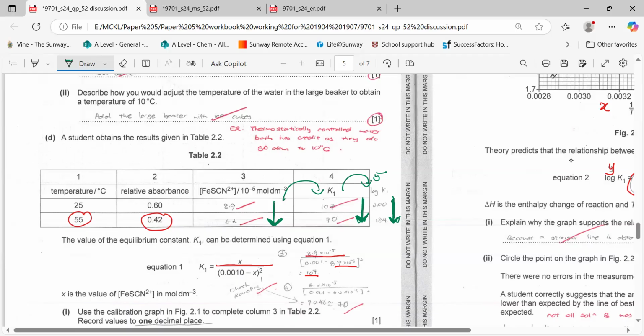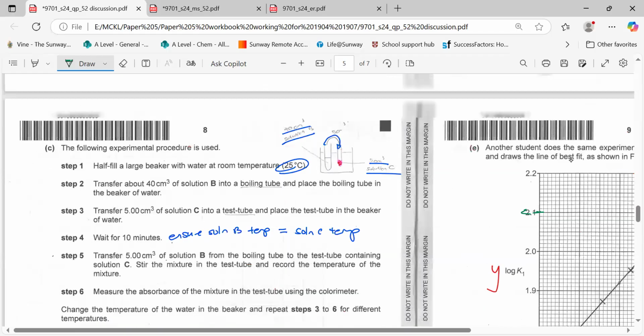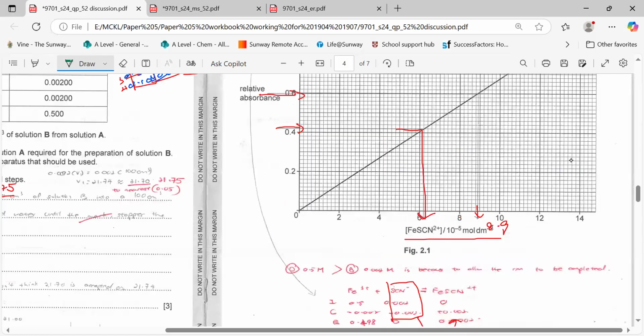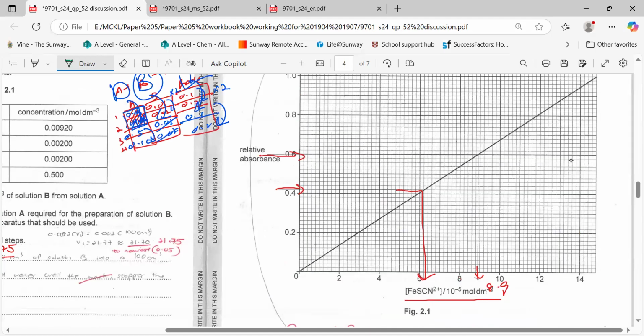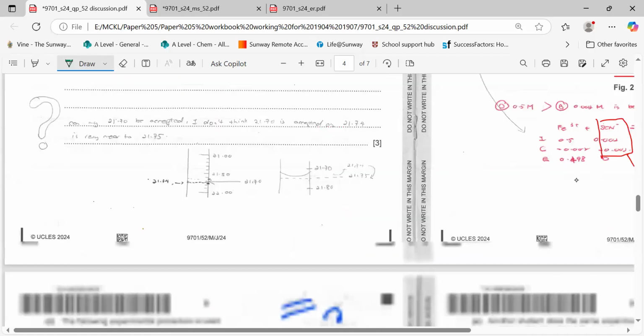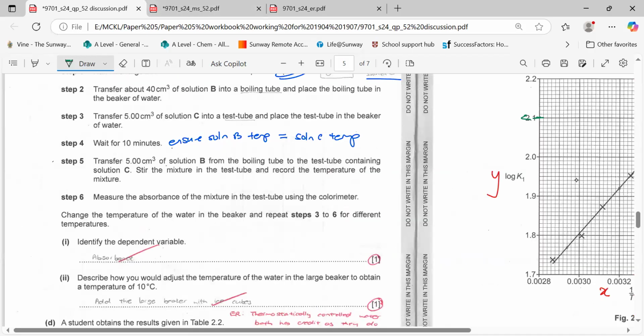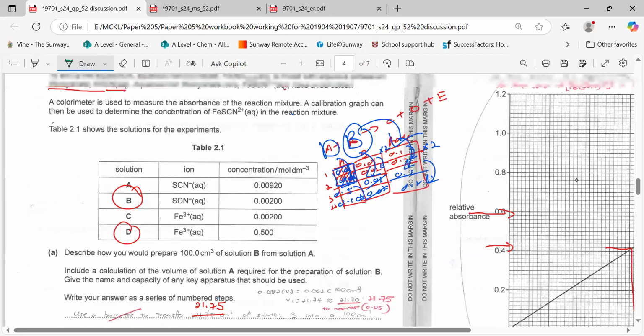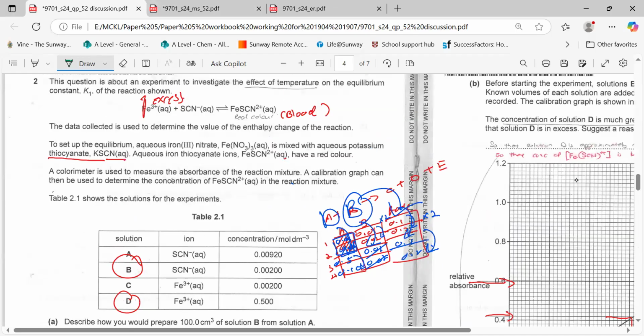Maybe you want to pause and think about it. Let me have a look now. Based on the above, the higher the concentration, the higher the relative absorbance, correct? Okay. Now, currently your iron thiocyanate is the red color one.